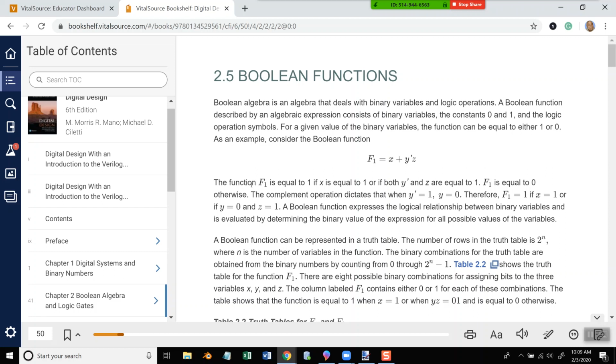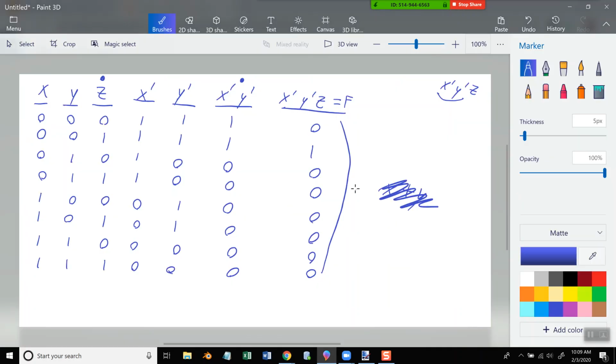It says function f1 is equal to 1 if x is equal to 1, or if both y prime and z are equal to 1. It's equal to 0 otherwise. And you can build a truth table to see this. So it's not that you should be able to look at this and immediately see that unless you're just super great at that. Let me show that.